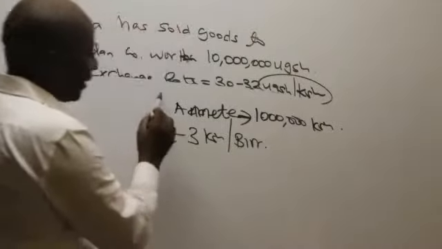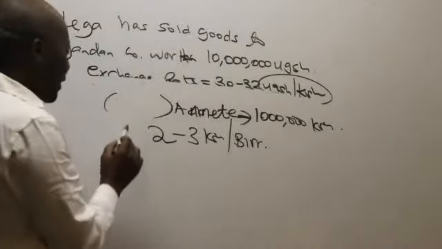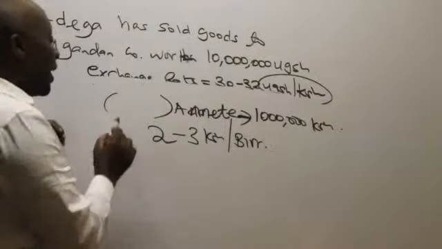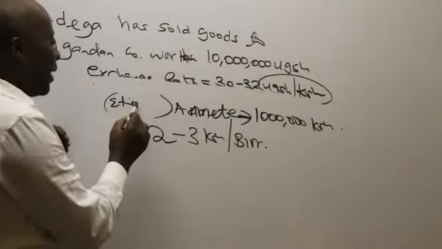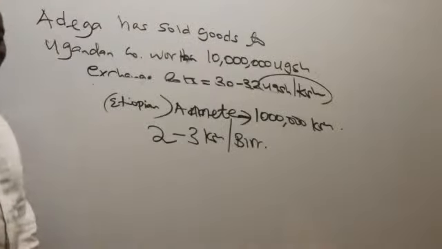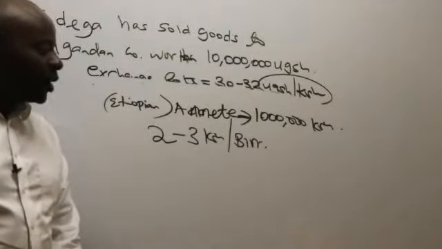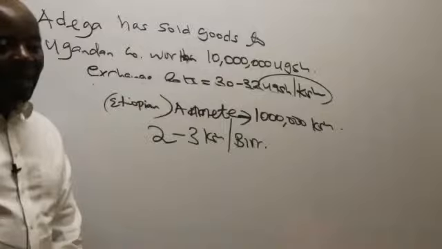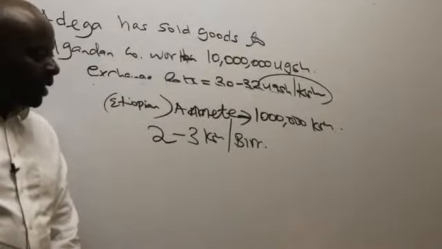But remember that in this particular question, and the examiner will always define the residence, Annette is an Ethiopian. She must be very tall. So could you kindly tell me between 2 and 3 Kenya shillings per birr, which one becomes the buying rate?